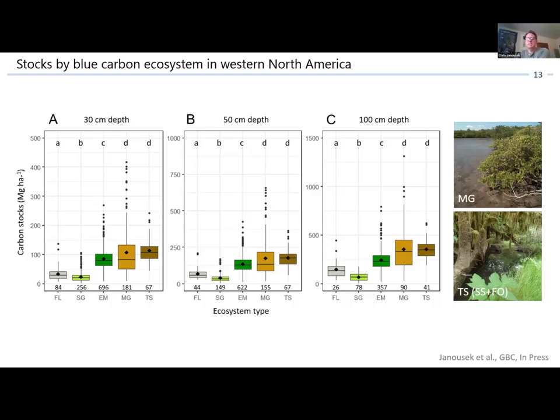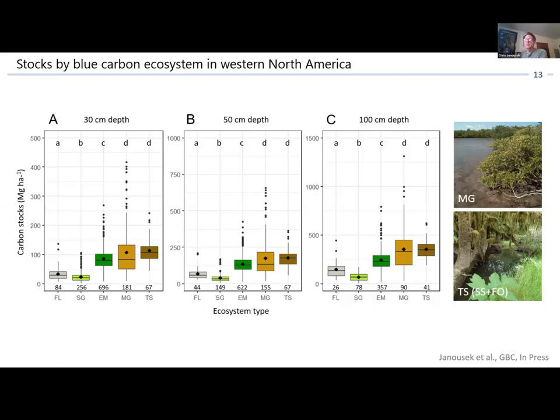I think one of the fascinating things that came out of this analysis, and John talked about this a little bit before, is that tide flats have as much, maybe even a little bit more carbon than seagrass meadows. The Prentice et al. paper that John shared shows that result for the Pacific Northwest. This shows that that result is consistent for the whole west coast of North America.